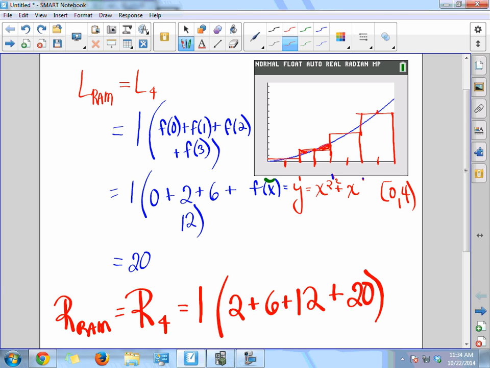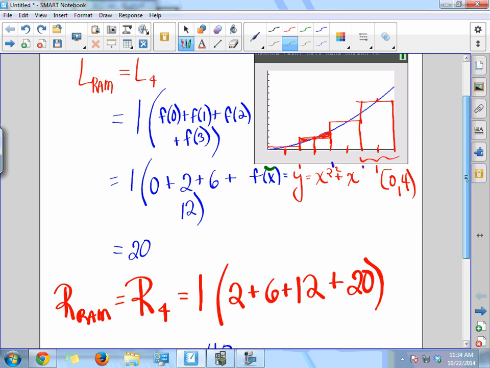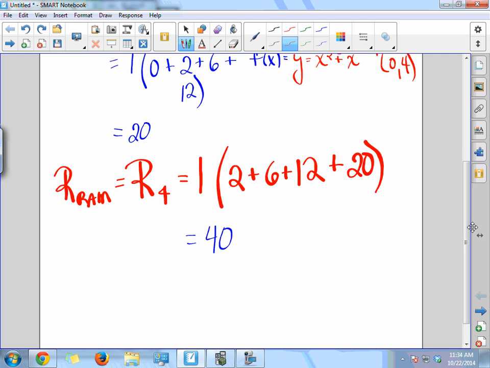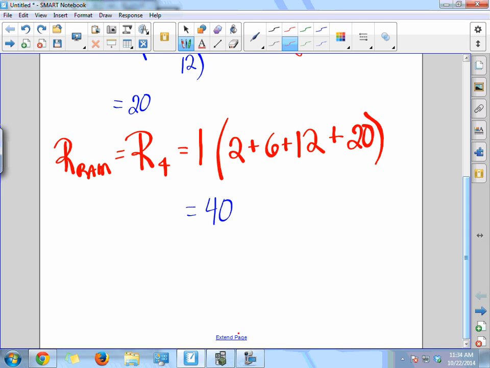So what we're going to do is we're still going to take the width of this rectangle, and each one of those widths is still just 1. But now, instead of using 0, 1, 2, and 3, or 1, 2, 3, and 4, I'm going to use the midpoint. And we call this MRAM. The width of each rectangle is 1, and the midpoint of my first interval is going to be 0.5.